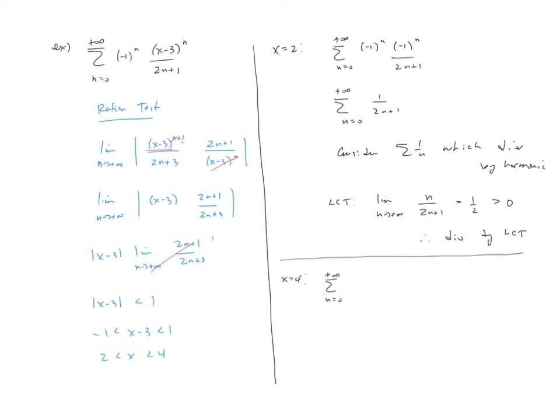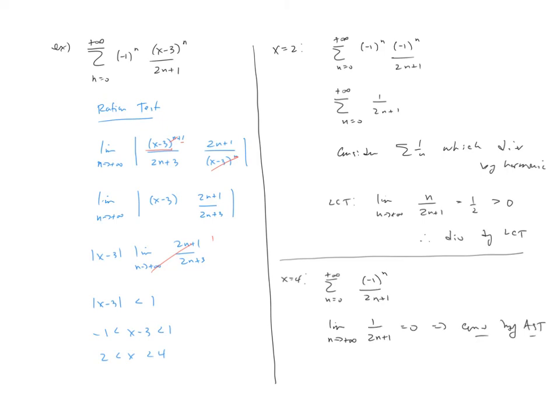So we're going to just now have the (-1)^n over 2n plus 1. Well, now that's an alternating series. So when I take the limit as n goes to positive infinity of just the 1 over 2n plus 1, the fact that that equals 0 implies that it converges by the alternating series test.